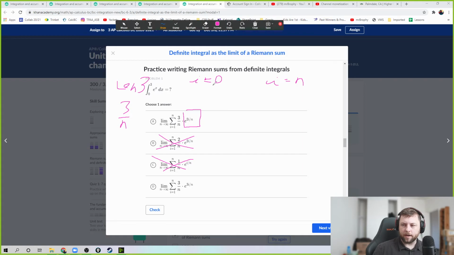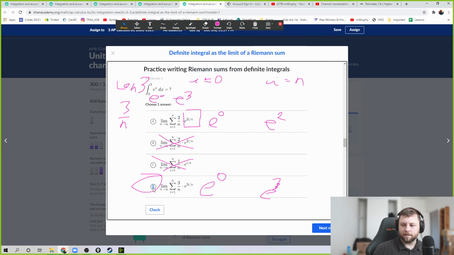So for this one right here, you plug in i equals 1, I would get e to the 0. And then i equals n, I'm going to get e to the 2, because the n over n will cancel. For this one, I'm going to get e to the 0, that's e to the 3rd. Now, when you're looking at your actual integration, this goes from e to the 0 to e to the 3rd. So my answer is D. That matches up.